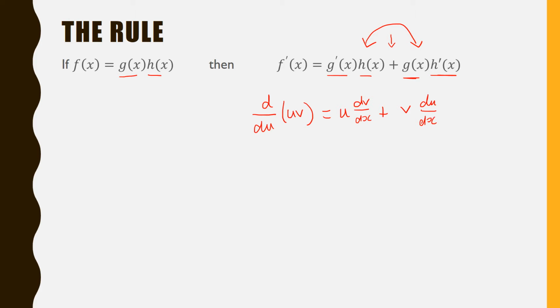Now these rules are actually saying the same thing, they're just written in different ways. What you're hopefully noticing with the product rule is that we are differentiating one function, multiplying it by the other, plus the derivative of the second function multiplied by the first. So let's look at some examples.